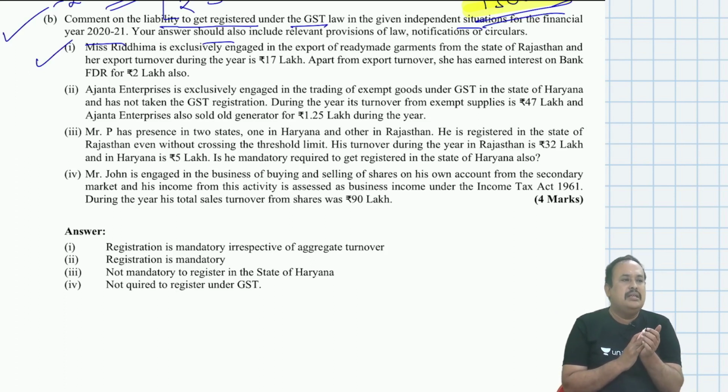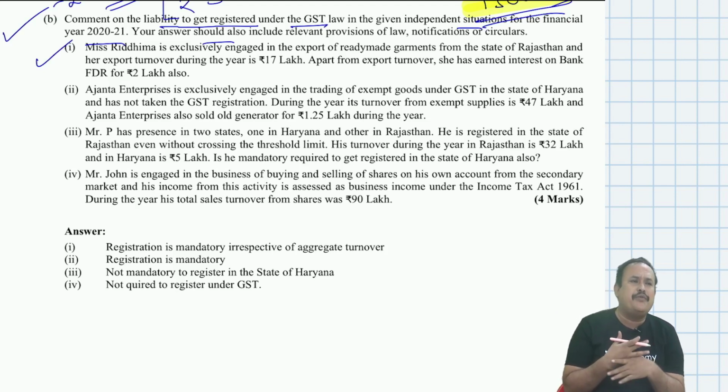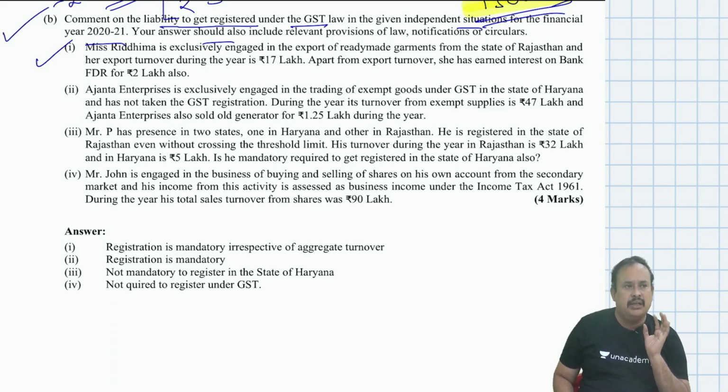Miss Ridhima is exclusively engaged in export of ready-made garments from the state of Rajasthan, and her export turnover during the year is 17 lakh. Apart from export turnover, she has earned interest on the bank FDR, fixed deposit receipt, of rupees 2 lakh.